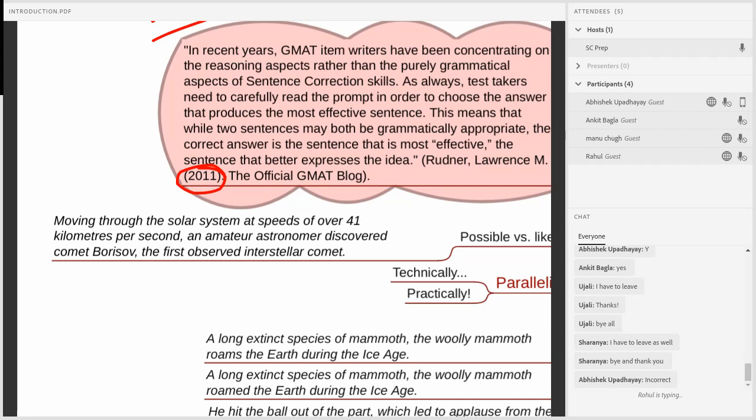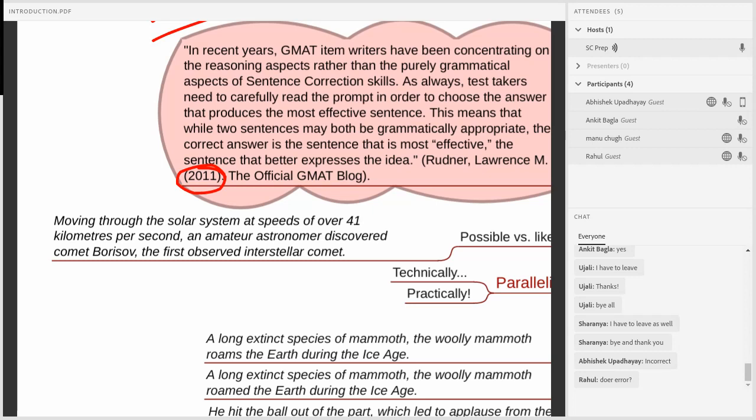Now, in these kinds of situations, sometimes students tell me, how do I know who is moving, or what is moving? Some of them will say, yeah, Rahul, it's a doer error. Exactly. But some people say, how am I supposed to know whether the astronomer is the one who's moving or whether the comet is moving? So they say maybe it's possible that the comet is moving. Here we have to be a little careful about traveling too far down this possible road.